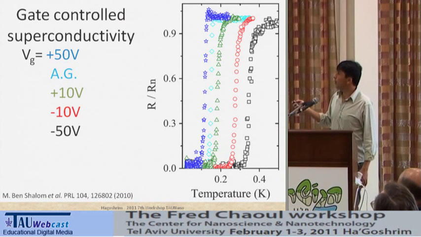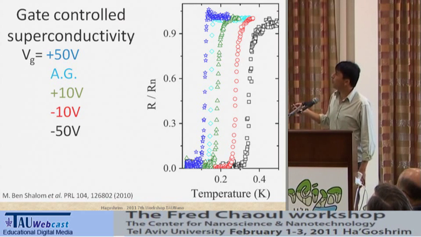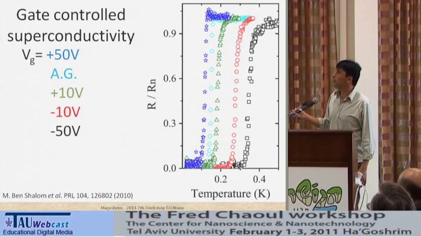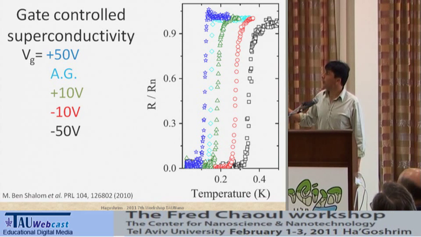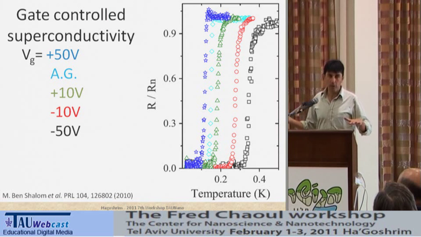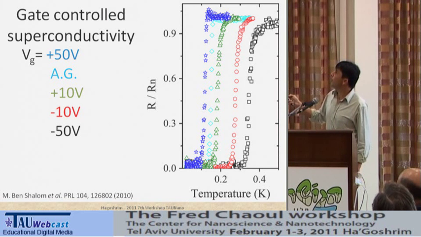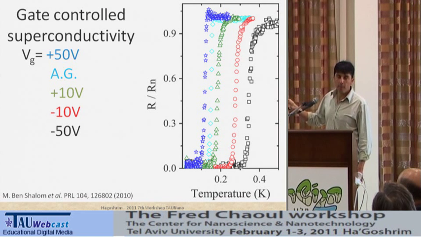Superconductivity. As I told you, these samples are superconducting, and we measured the superconductivity, and we actually tuned it with gate voltage, like in the other picture that I showed you. So this is the gate voltage applied on the bottom of the substrate. So 50 volts, it's this guy. You have many carriers, and you decrease the number of carriers, and superconductivity increases.